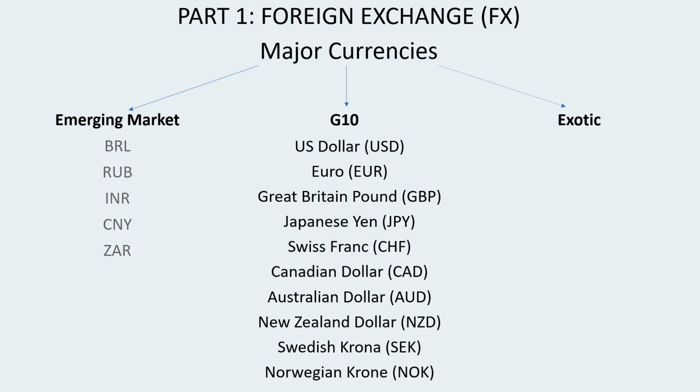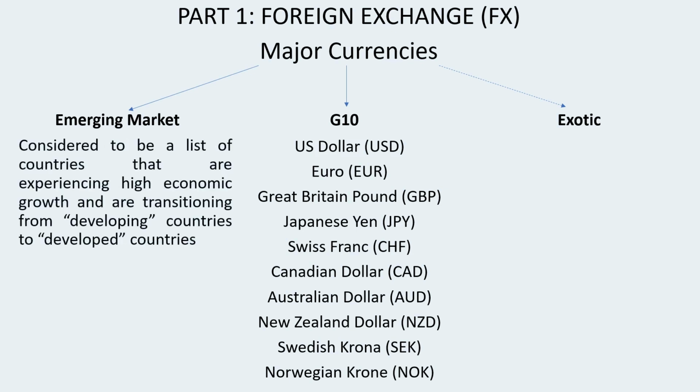They are considered to be a list of countries that are experiencing high economic growth and are transitioning from developing countries to developed countries. I use the term considered because there isn't a specific definition as to what an emerging country is or isn't, and the list here is one of the most important and the ones that are generally used. Let's go through them one by one.